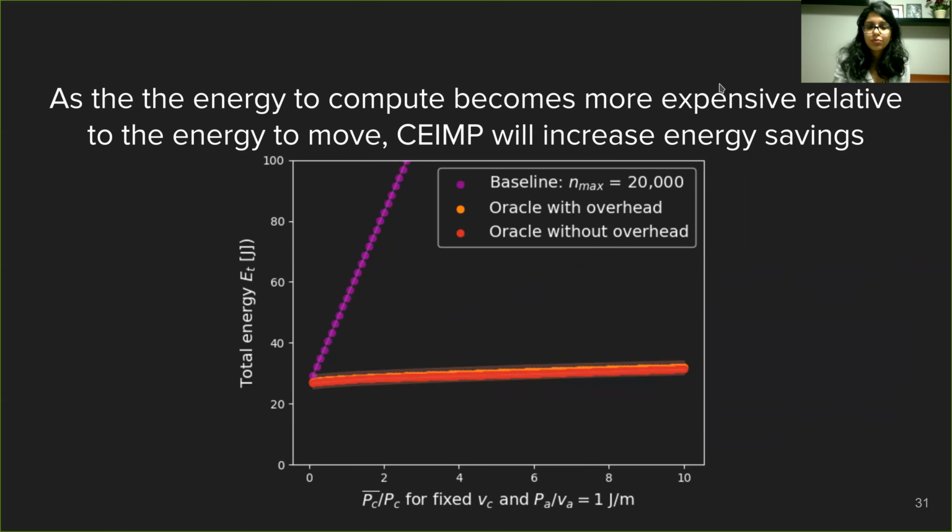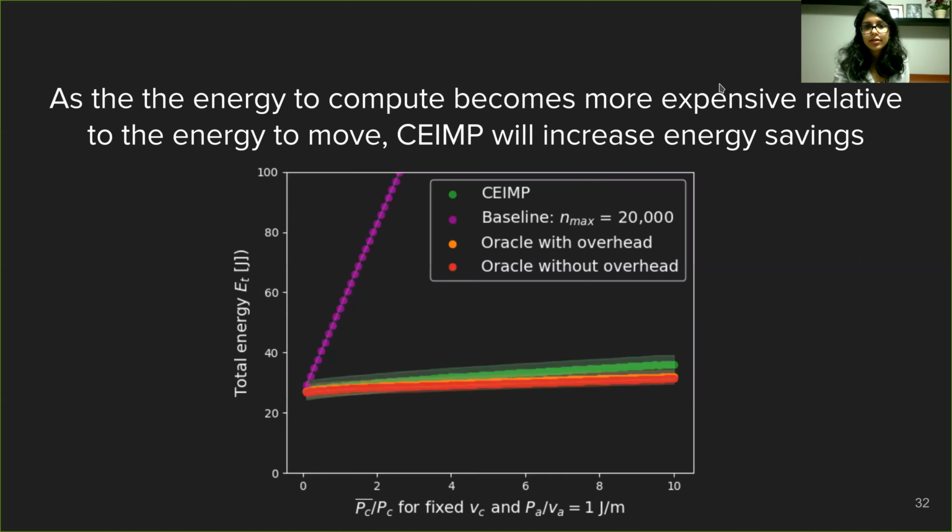The orange line is the oracle with overhead, so it's the minimum of the total energy curve, given that we introduced some overhead. And the green line is the total energy with CEIMP. We can see that CEIMP performs very close to the theoretical lower limit given by the oracle. And as you go from left to right and energy to compute becomes more expensive relative to the energy to move, CEIMP will make even more savings compared to the baseline.